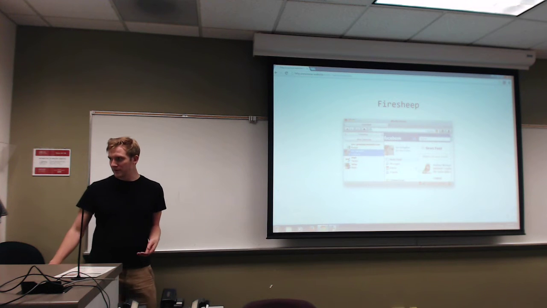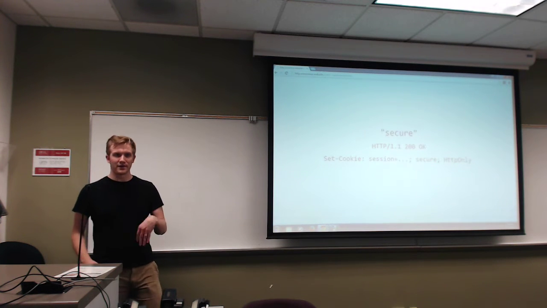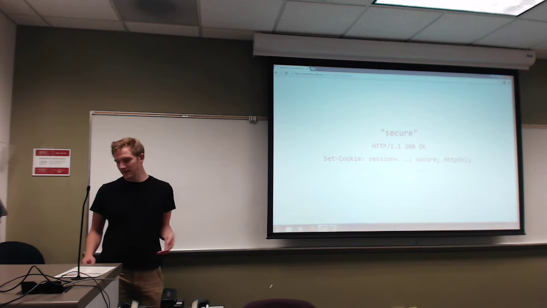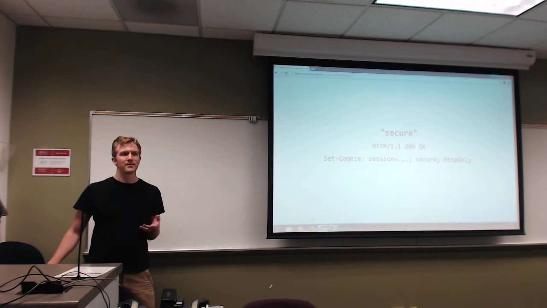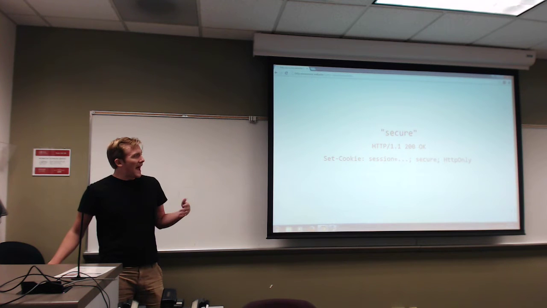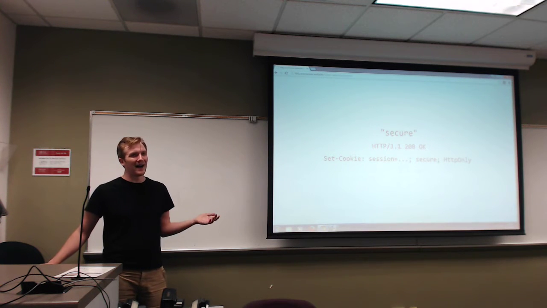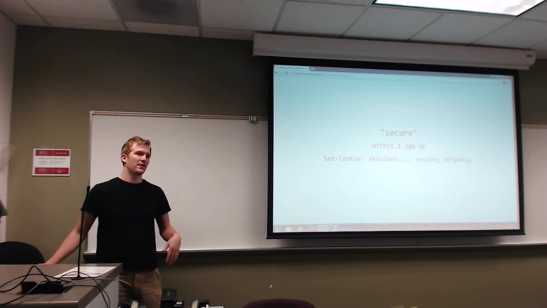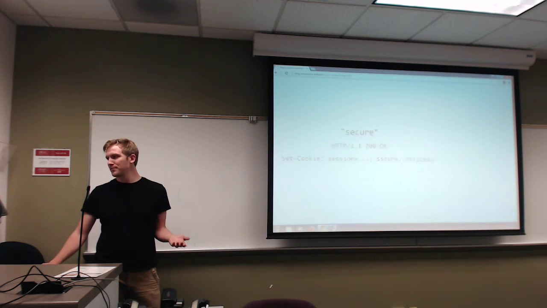And so the browser people got together and they said, great, we'll add this word secure, and that'll fix it. Which, it's more than adding the word secure. It makes it so that you can only send cookies over HTTPS, but it feels funny saying, okay, we'll just append the word secure, and that will make it so.